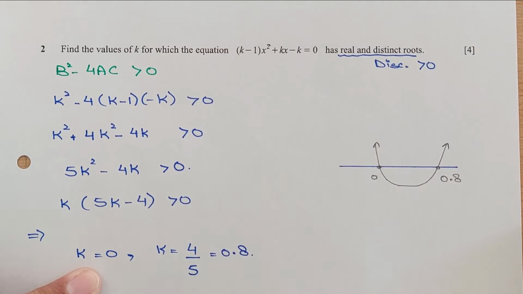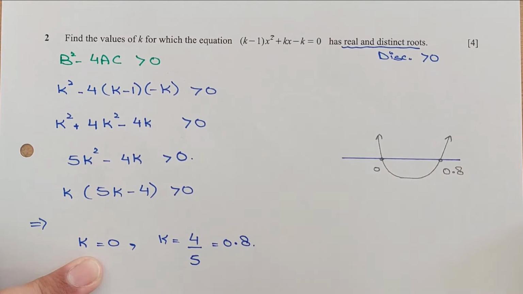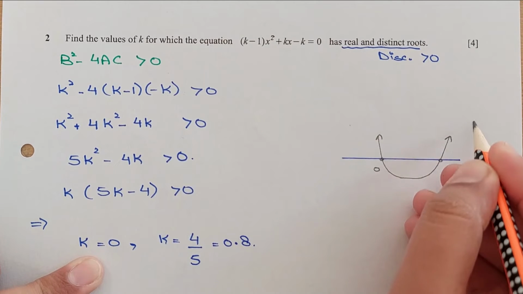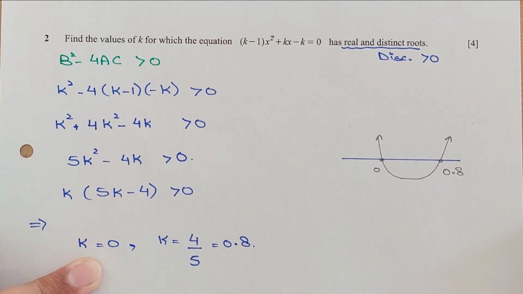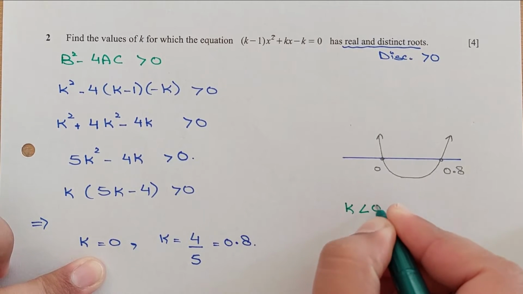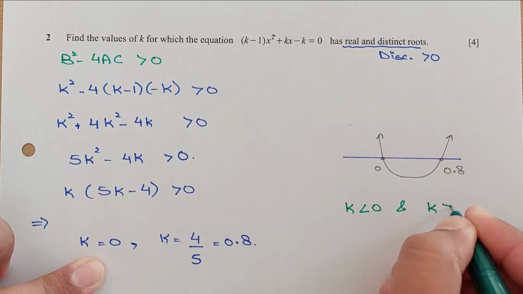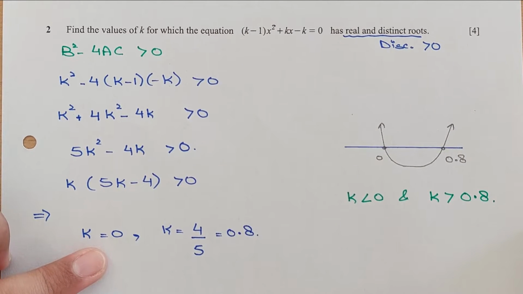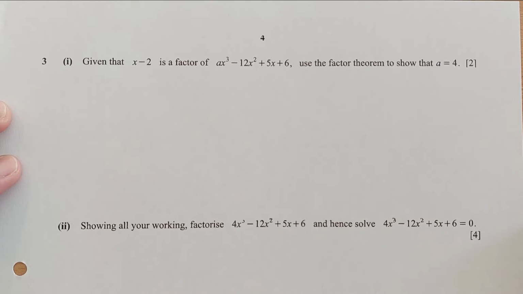Right, now we have to find when this parabola is greater than 0, when it is less than 0 and more than 0.8. These are the two regions. So we can say k is less than 0 and k is more than 0.8. So for these two values of k, the equation has real and distinct roots.